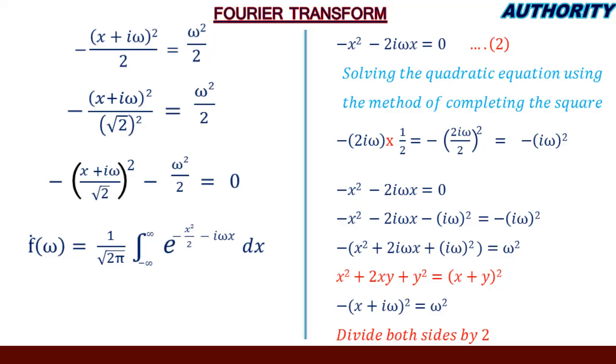So now bringing it back to the exponent where it came from, we are going to have 1 all over square root of 2 pi, the integral from negative infinity to positive infinity, e raised to the power of minus open bracket (x plus iω all over square root of 2) in bracket squared minus omega squared all over 2 dx.